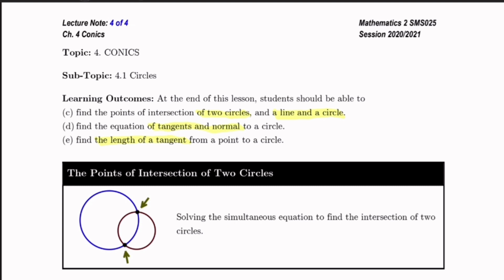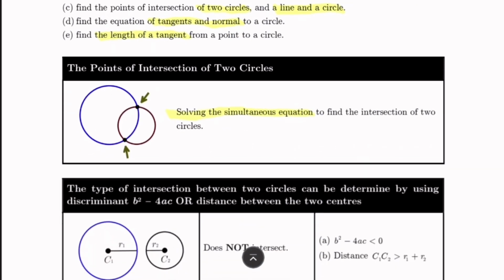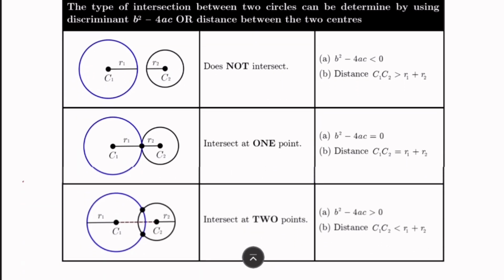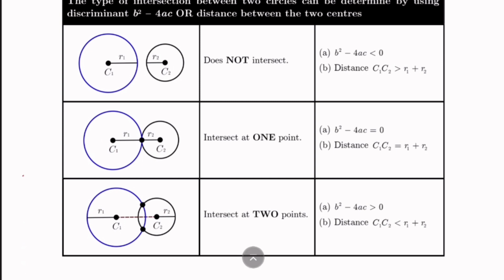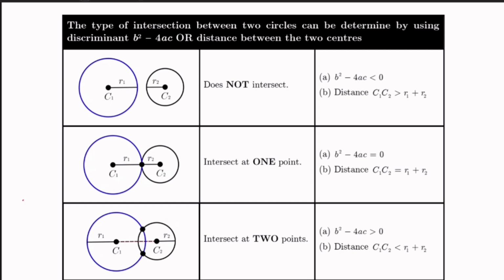So, to find the point of intersection between two circles, basically, we are going to solve the simultaneous equations. Before we go further on calculation of the intersection point, let's take a look at the types of intersection. Your circles may not intersect each other, may intersect at only one point, or may intersect at 2 points.